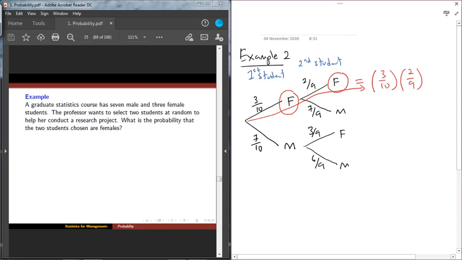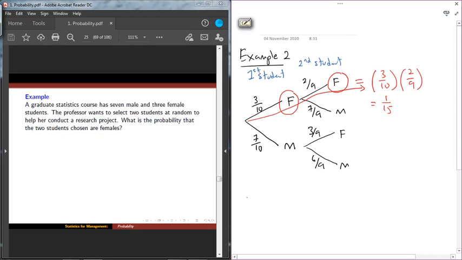If you go along the branch, you multiply. If you jump from one branch to another branch, you plus. That is the idea. So if you do this, you will get 1 over 15. Let me double check. Sometimes I do mistakes. Yeah, 1 over 15.